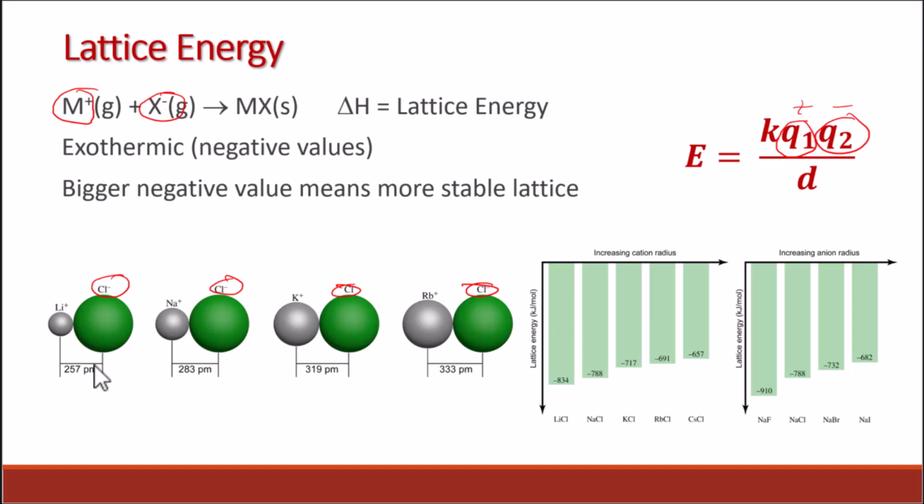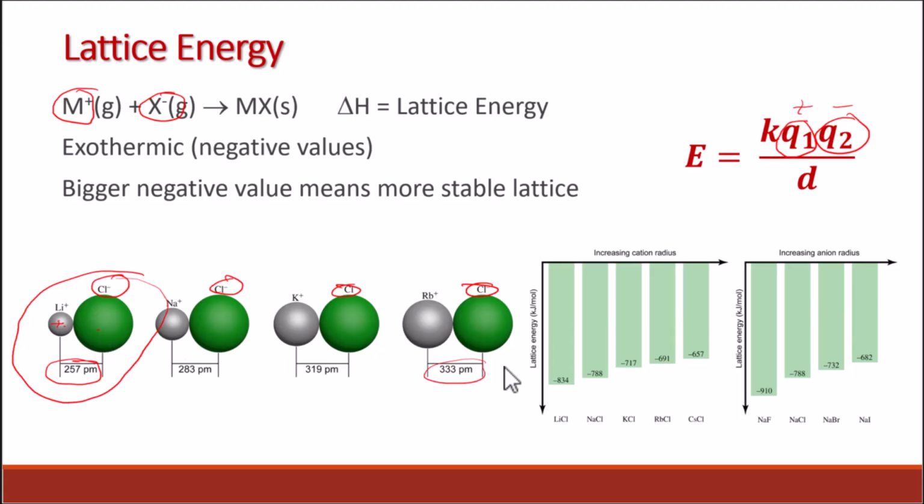So the lithium chloride ionic bond is 257 picometers, and the rubidium chloride bond is 333 picometers. Since the charges are all the same, you would have a higher lattice energy for lithium chloride because they're closer together. The positive and negative charges are closer together.